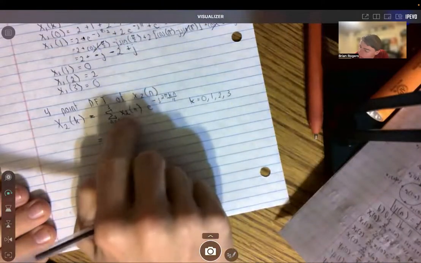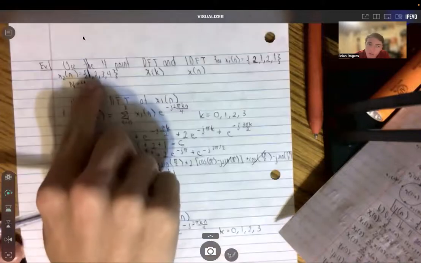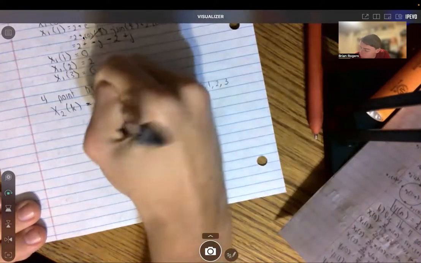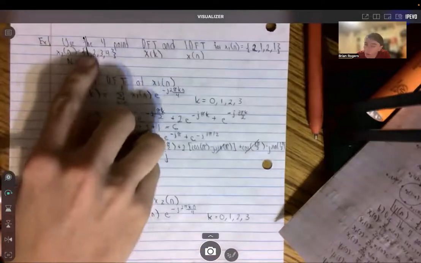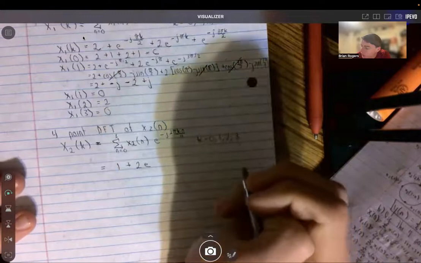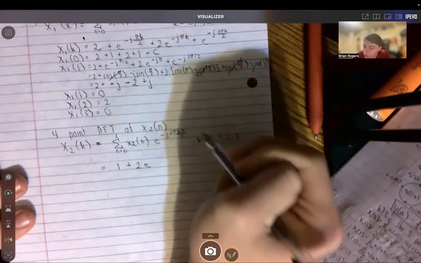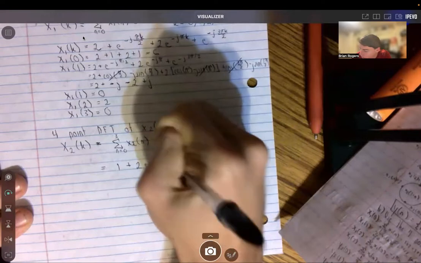So for n equals 0, x2 of n is 1, so it's 1 times e to the 0, which is just 1, plus the next one, x2 at position 1, which is 2, times e to the negative j 2 pi k n all over 4, so that's e to the negative j pi k over 2.